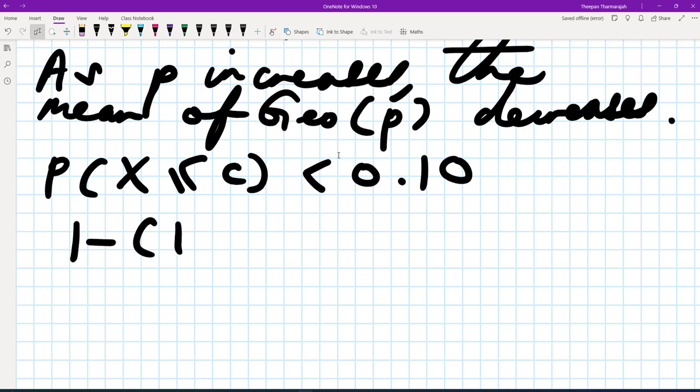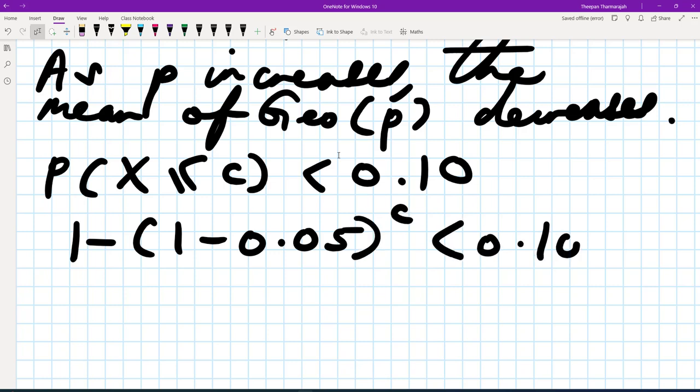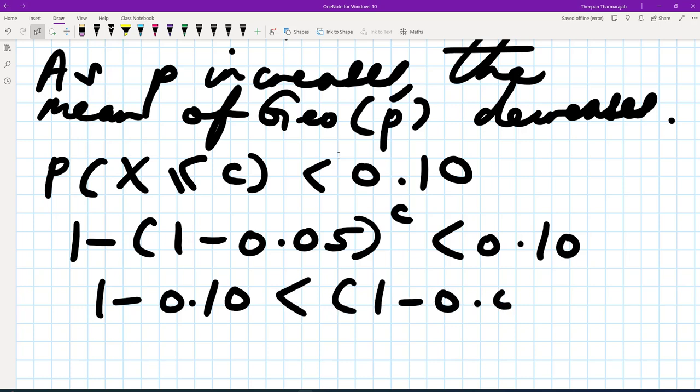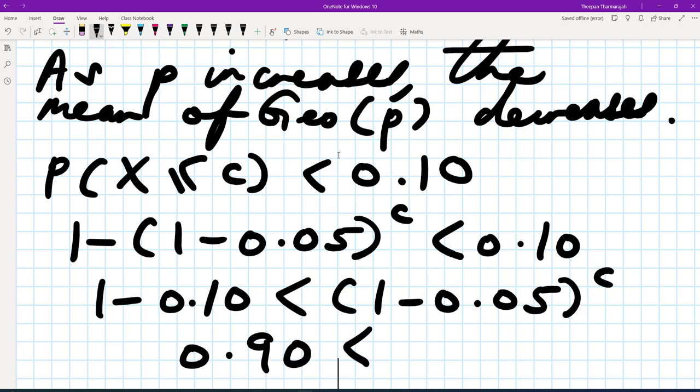This we know is 1 minus (1 minus p) raised to the power of c is strictly less than 0.10. So 1 minus 0.10 is strictly less than (1 minus 0.05) raised to the power of c. 0.90 is less than 0.95 raised to the power of c.